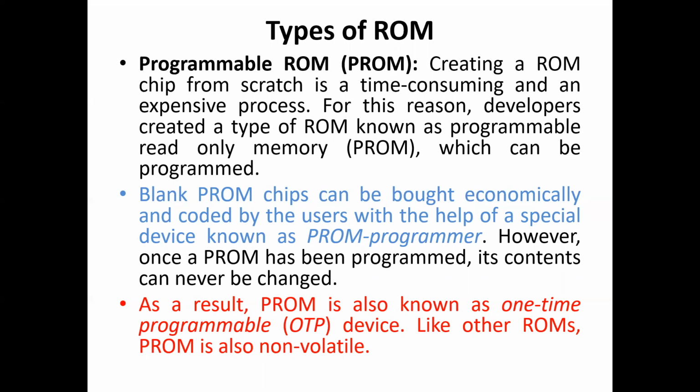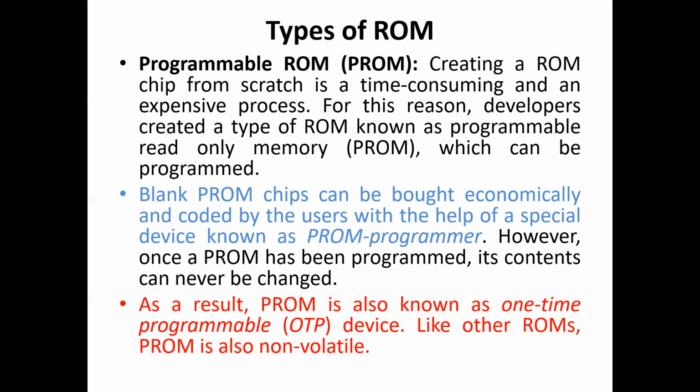There are some applications where one may store a program in ROM which normally need not be changed. The ROM fabricated to write a program on it is known as PROM. Since once the chip has been programmed, the recorded information can't be changed. PROM chips can be bought economically and coded by the programmers.